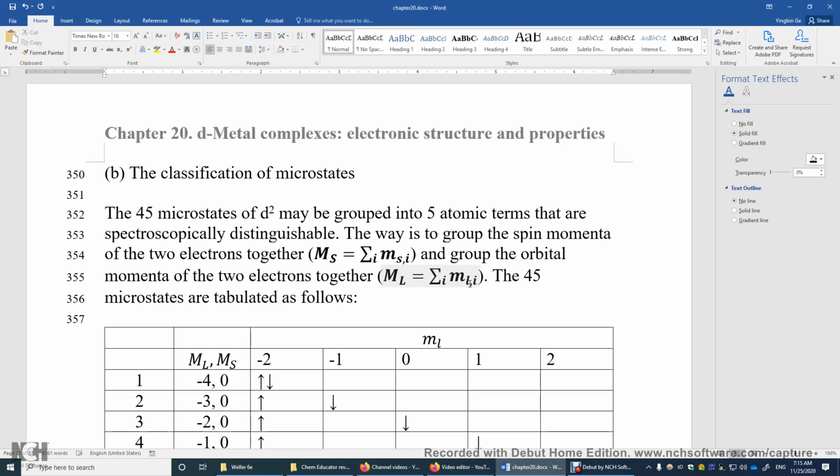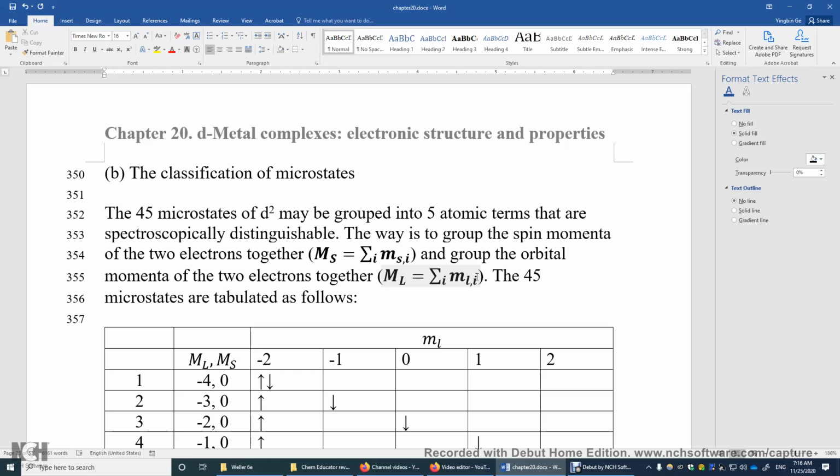That's why we need to sum up their z components of the spin and the z components of their orbital motion. So you may ask, why don't we just add up the 3-dimensional spin and 3-dimensional orbital motions? Why do we need to look at the z components?